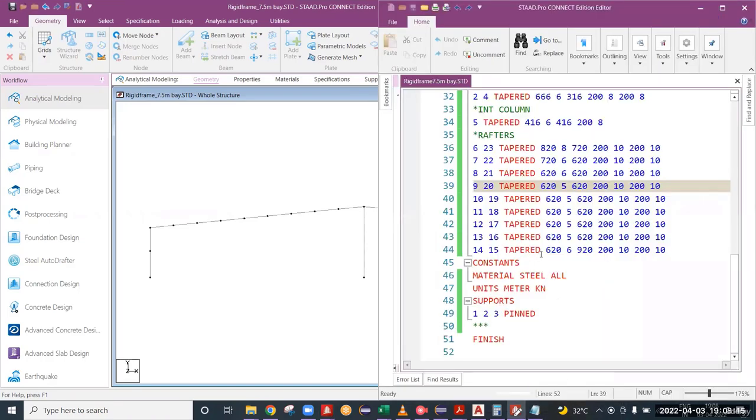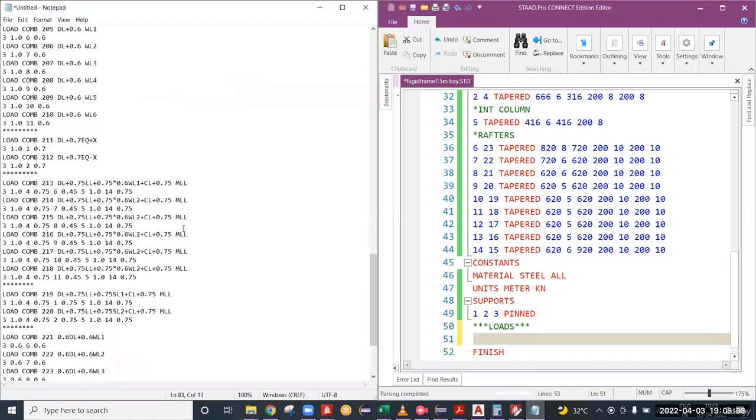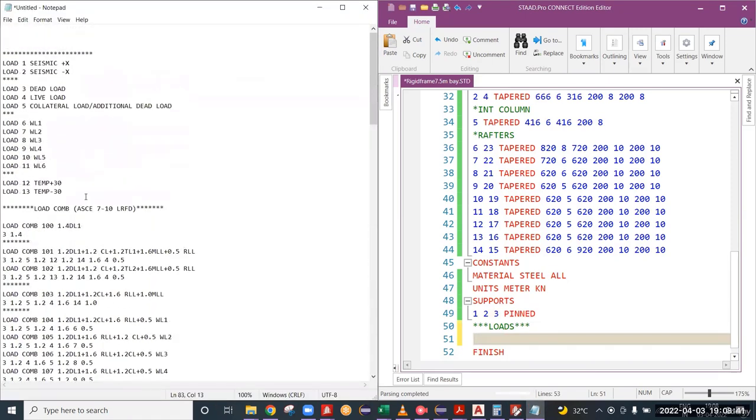Thank you. So in the last session, we have seen up to supports. Now let's continue. After giving supports, we need to give loads. So the next one is loads. Yesterday we discussed what are the loads coming onto the structure.